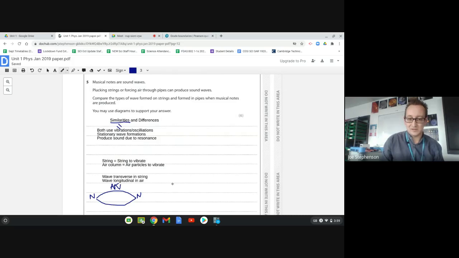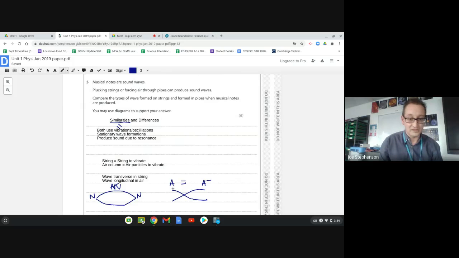Whereas your open air column, generally speaking, does that. So you have at one end an antinode and then a node in the middle, and then you have an antinode at this end, like that. It's just making sure you can compare the differences between the two.